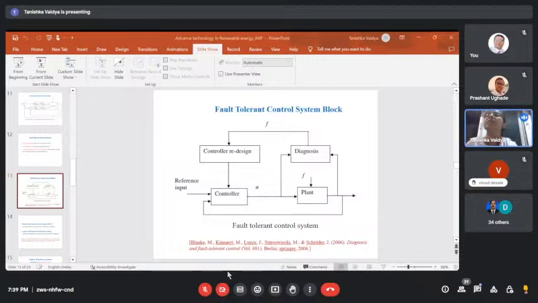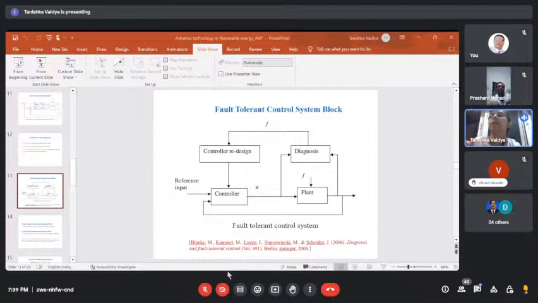Diagnosis is in the sense of what type of fault could be there. When we go to the doctor, the doctor asks us what is happening with us, and we tell different things, and the doctor will diagnose our disease. In a similar way, there are different sensors in the plant, and from the output of those sensors, this fault tolerant control system analyzes what type of fault is there.